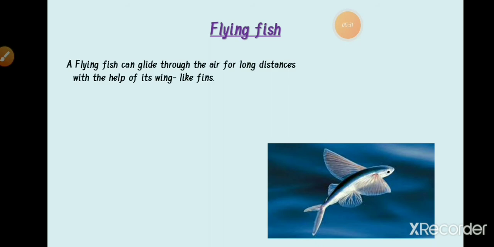A flying fish can glide through the air for long distances with the help of its wing-like fins. It leaves the water when it is pursued by enemies. When any enemy pursues it, it leaves the water and can glide through the air.